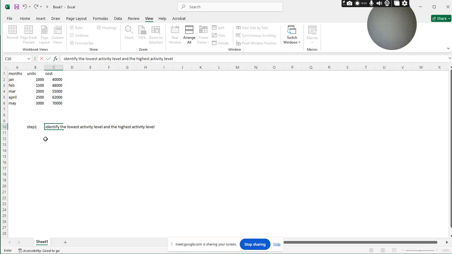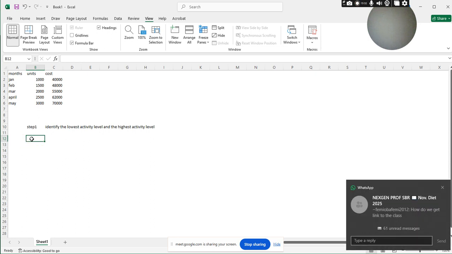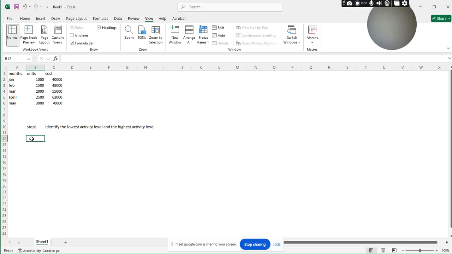Okay, so using the high and low method now, the second step is to calculate. So we have identified the lowest level to be how much?